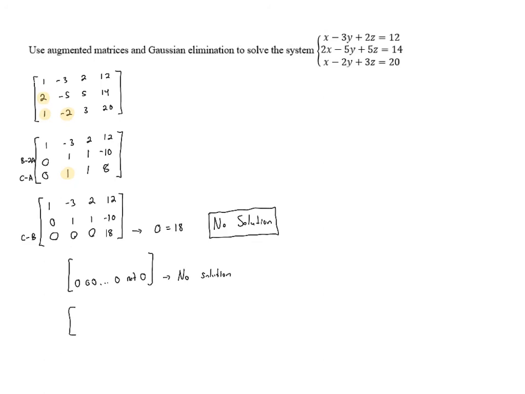If, on the other hand, we get a row that's entirely zeros, that is a true equation, and so we throw it out, and we look at the remaining rows, the remaining equations, and we should have infinitely many solutions at that point, which we can parameterize as we did in one of the examples in the last lesson. But for now, this problem has no solution.